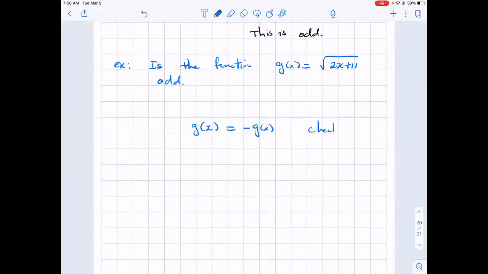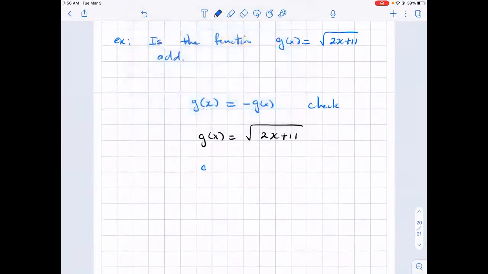So we want to check this. g of x is given as the square root of 2x plus 11. So g of minus x is equal to the square root of 2, and we have minus x, plus 11.